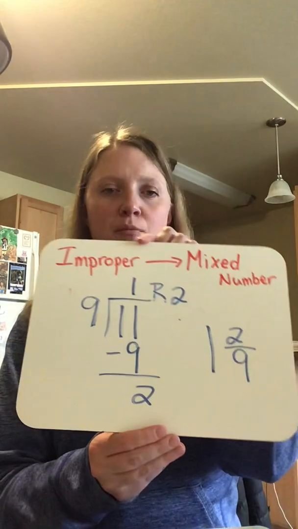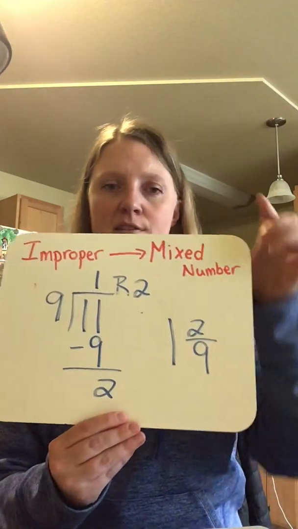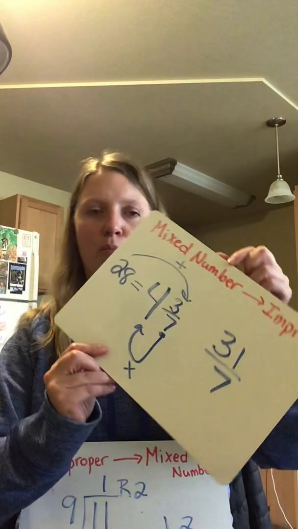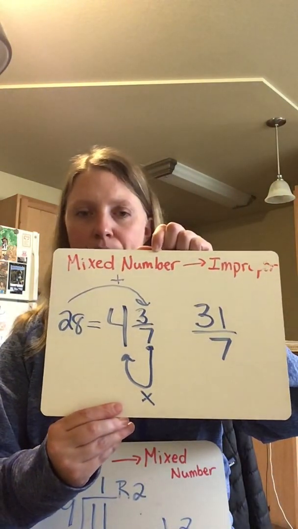So you're just going to go through and fill in those two purple charts. So 14 through 21 on page 510. And then you will just use different strategies. If you have to make an improper into a mixed, you set it up with division. If it's mixed to improper, you're going to do that little cycle.